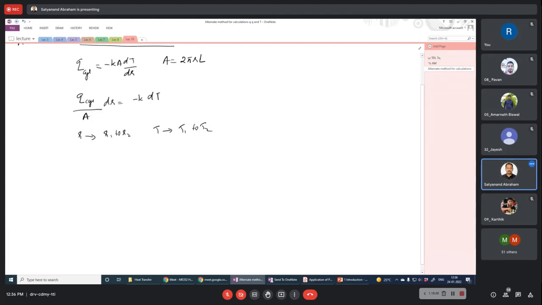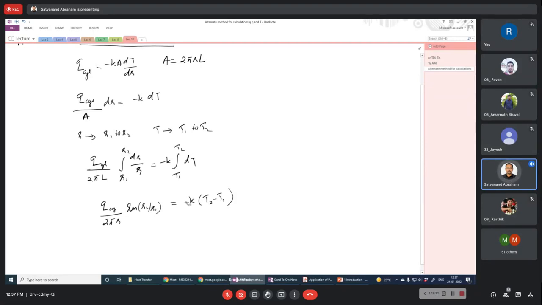Therefore, since A is equal to 2 pi r, we can write Q cylindrical divided by 2 pi L, integral r1 to r2 of dr divided by r, is equal to minus K integral T1 to T2 of dT. Integrating, we get Q cylindrical divided by 2 pi L times ln r2 by r1, because ln r2 minus ln r1 is ln r2 by r1 (ln a minus ln b is ln a by b), equal to minus K times (T2 minus T1).